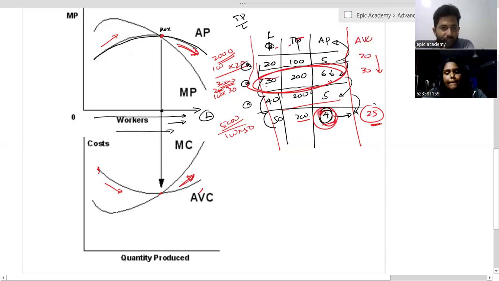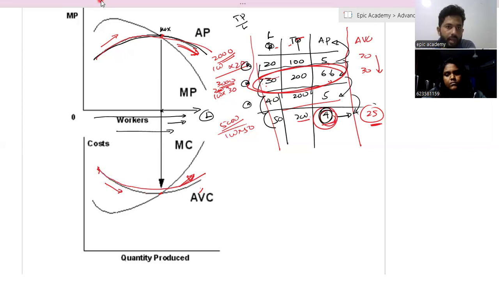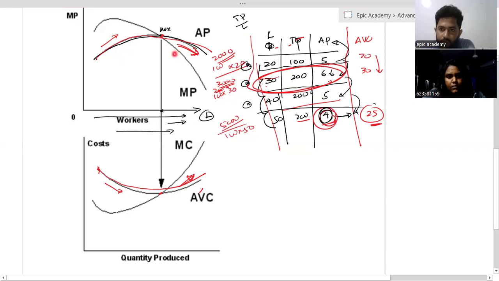Okay. So that's the relationship between average production and the average variable cost. And now we are heading to marginal. Always, it is a theory, okay?